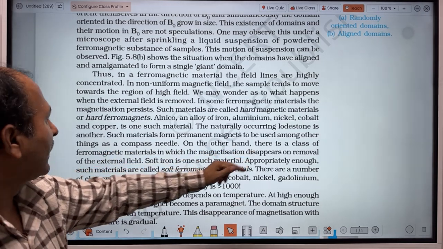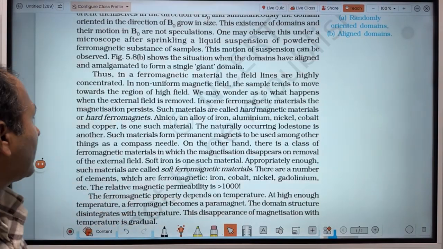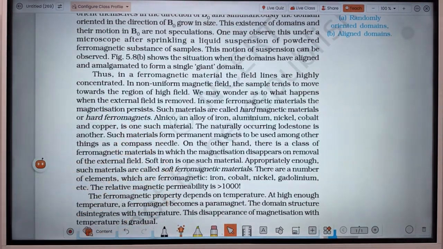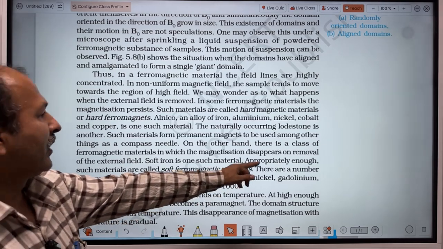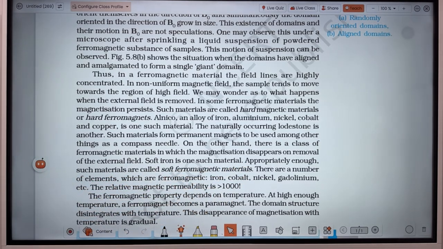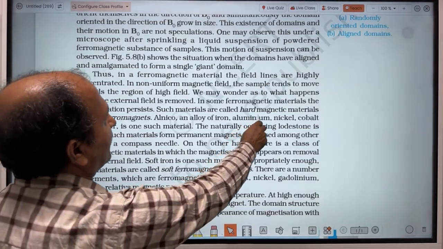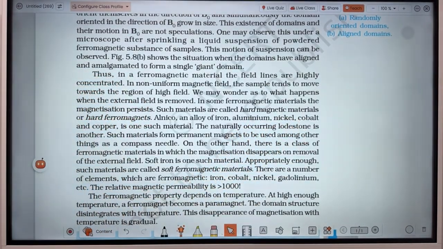On the other hand, there is a class of ferromagnetic material in which the magnetization disappears on removal of the external field, as we have discussed. Soft iron is one such example. Appropriately enough, such materials are called soft ferromagnetic materials. So you have seen two types of ferromagnetic materials. Hard magnetic materials means what?